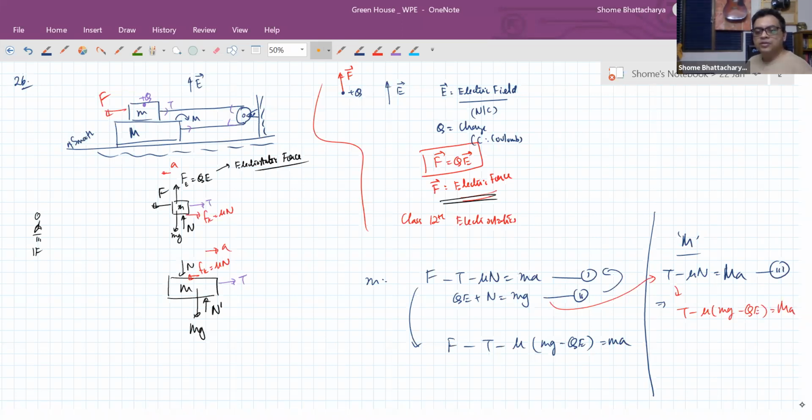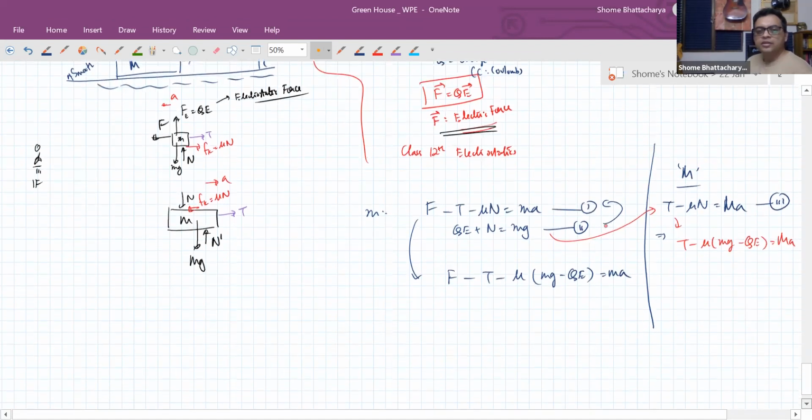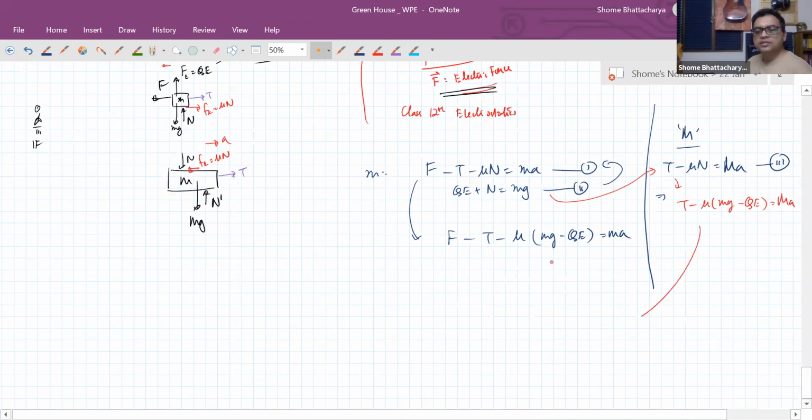So now it's very simple to add these two equations, just sum them up. So your tension will cancel out. So F minus 2 times mu mg minus QE is equal to M plus m times a. So if they are slipping, the magnitude of the acceleration for each one will be this.